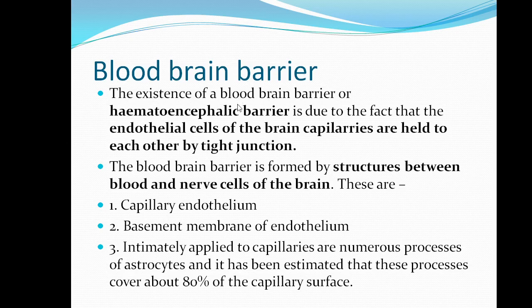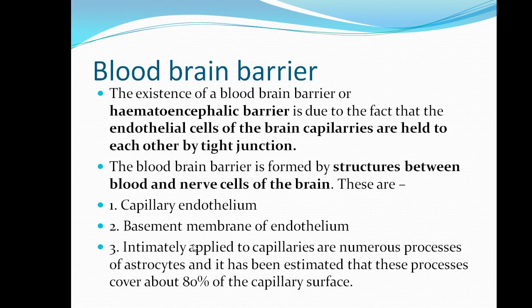The existence of a blood-brain barrier, or the hematoencephalic barrier, is due to the fact that the endothelial cells of the brain capillaries are held to each other by tight junctions. The blood-brain barrier is formed by structures between the blood and the nerve cells of the brain.